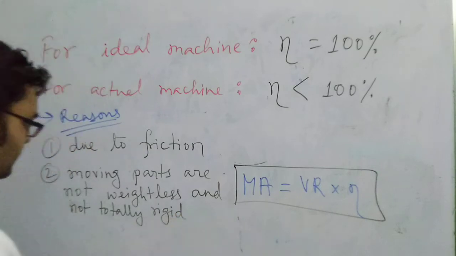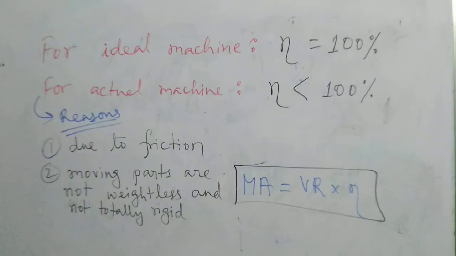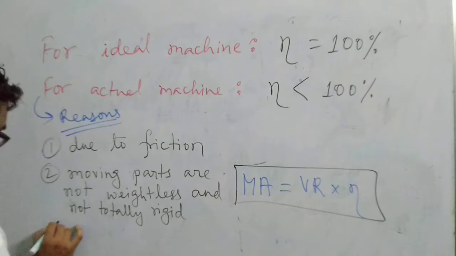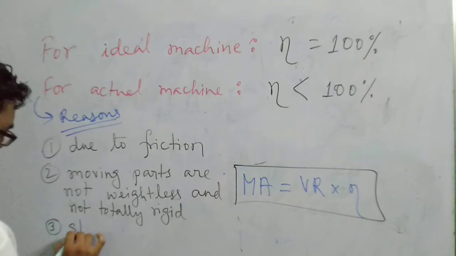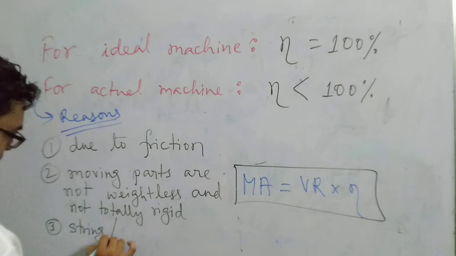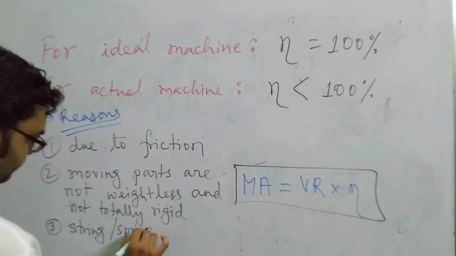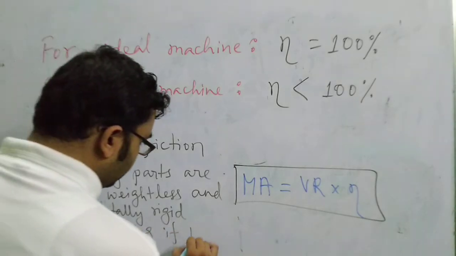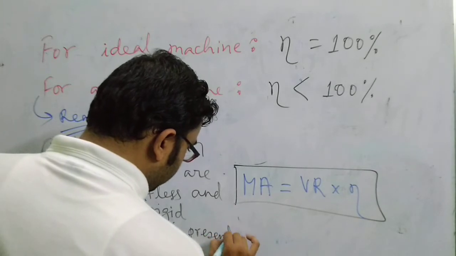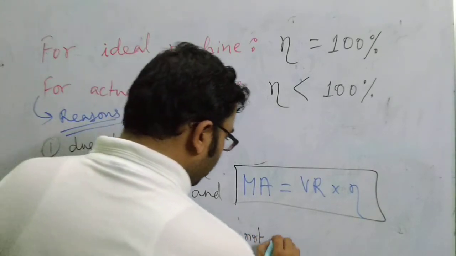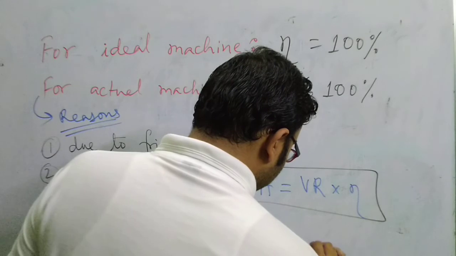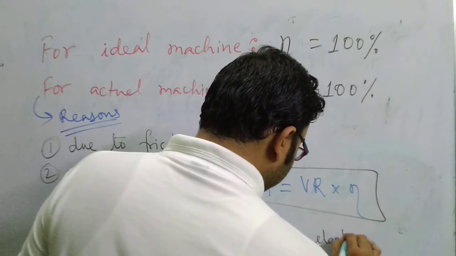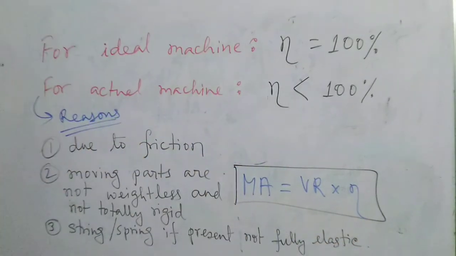This is the second reason. And what is the third reason? If any string or spring is present, those are not fully elastic. So these are the three main reasons for which an actual machine cannot have an efficiency equal to 100%.